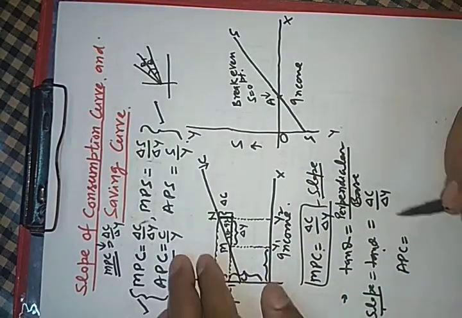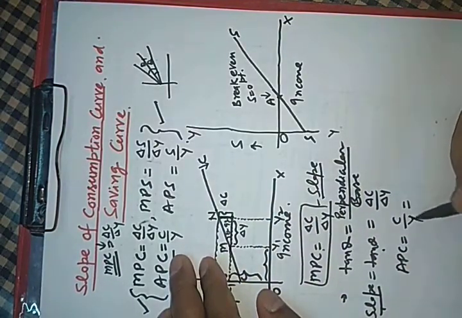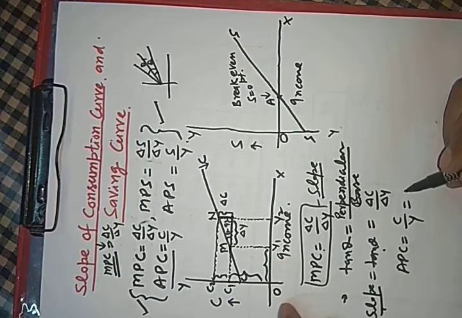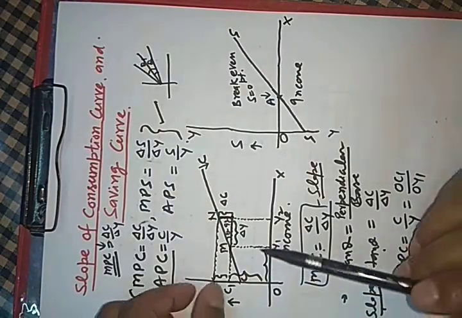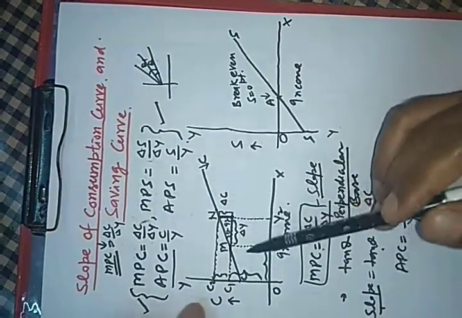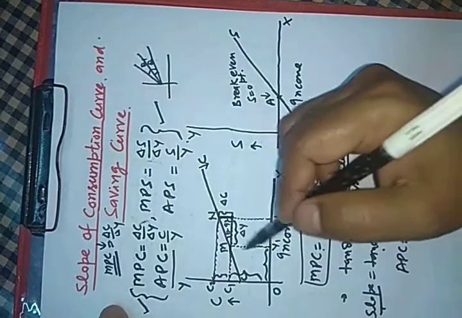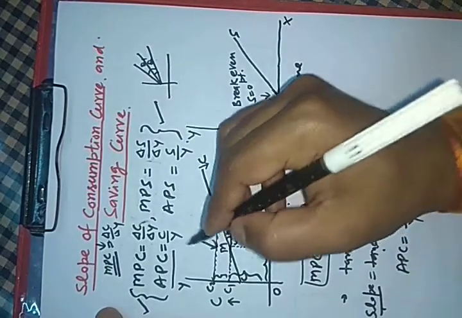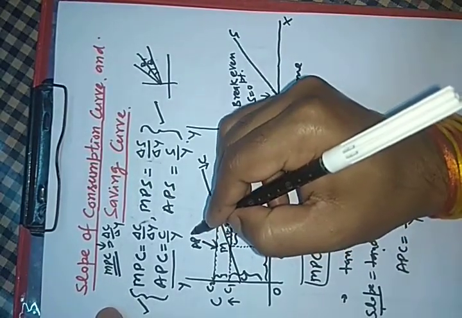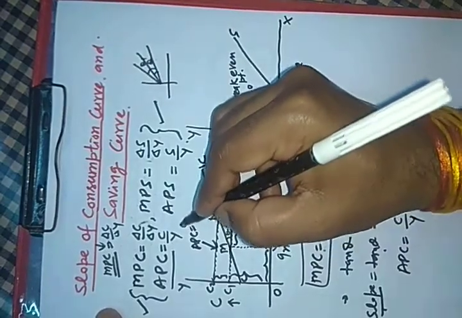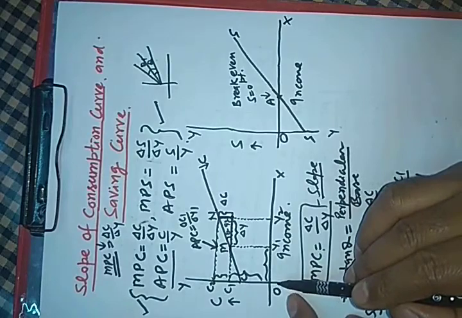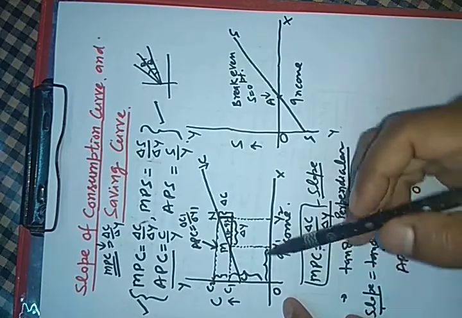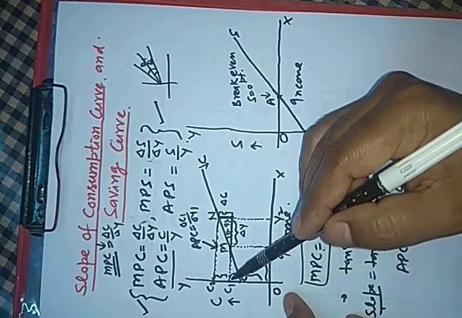Means this simple ratio C upon Y, which in this graph is OC1 upon OY1. Okay, so in the graph paper or in the diagram, you can easily find at point M the value of APC, that is OC1 upon OY1. Okay, the distance between O and Y1 and the distance between O and C1.